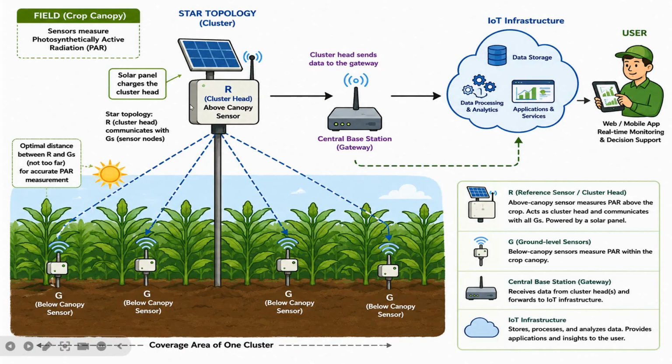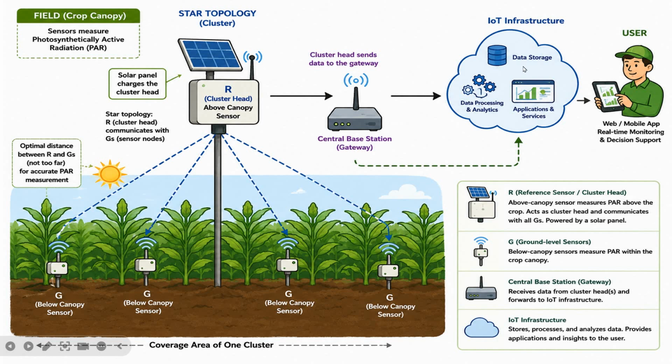Now this cluster head collects data from all the ground level sensors and transmits it to a central base station, that is the gateway, and this gateway acts as an intermediary device that gathers the information from the field and forwards it to the IoT infrastructure through the internet.